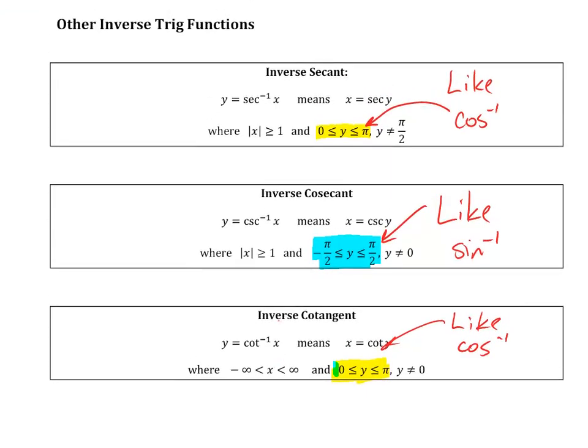So the reasoning here is that secant, if you'll remember the graph of it, since it's 1 over cosine, this was cosine. So what happened was secant looked like this.